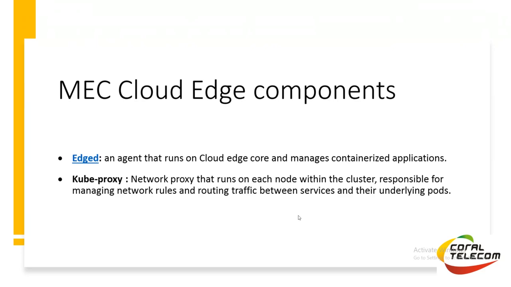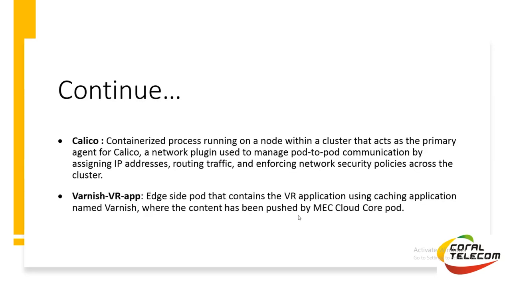We discussed the last component, kube-proxy. Kube-proxy further works with Calico to assign the IP addresses, implement the security policies, and decide how to route the traffic between the ports and how they should communicate. So kube-proxy and Calico natively work with each other to implement the IP addresses, routing traffic, and the security policies.